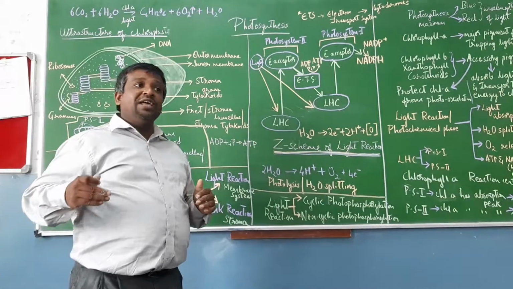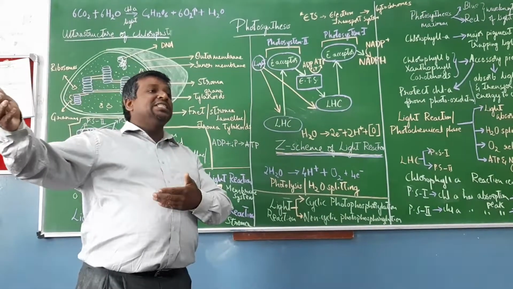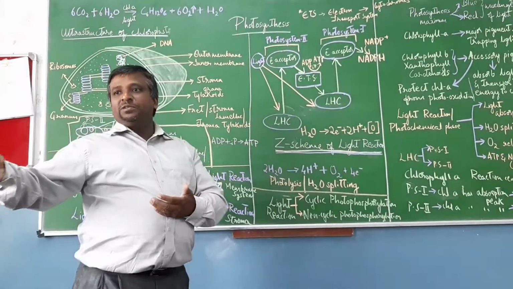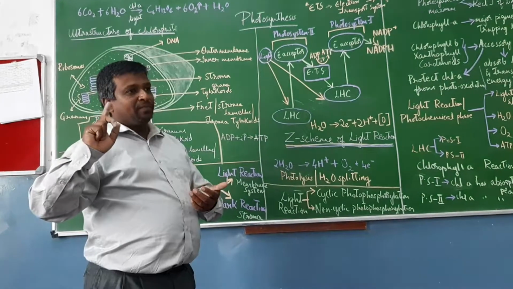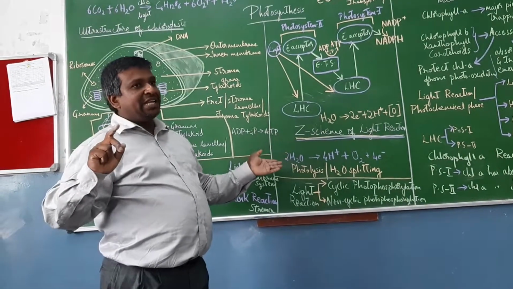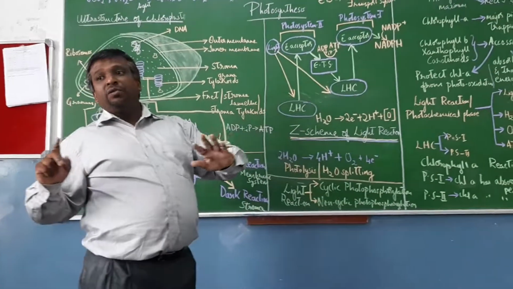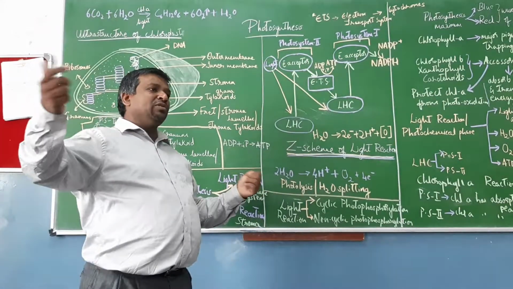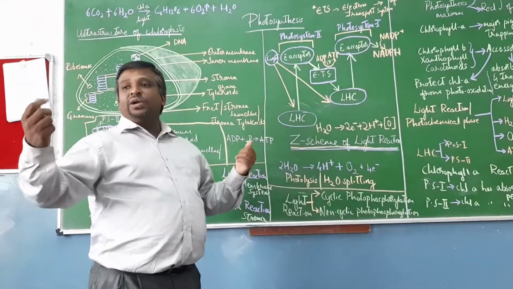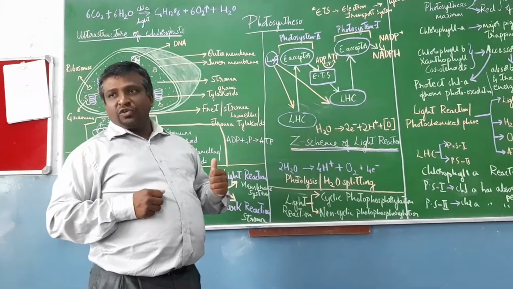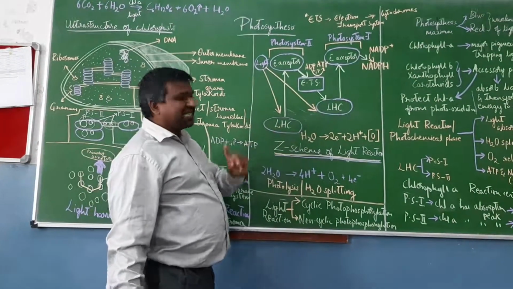If light is available above 700, what reaction takes place? Cyclic photophosphorylation. Between 680 and 700, you see non-cyclic photophosphorylation, which is also called the Z scheme.